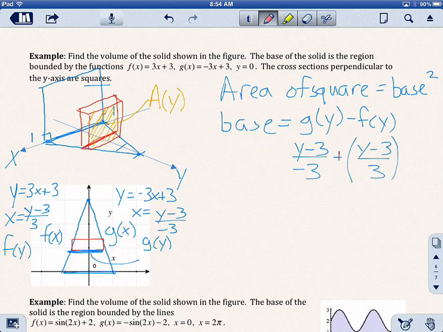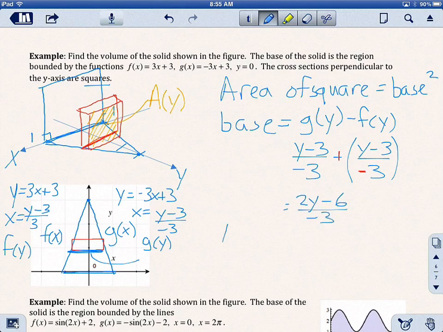And here, if we change this sign, we could actually just change the denominator to be negative 3. And now we can see we have common denominators, so we can actually add these together. So the base is actually 2y minus 6 over negative 3.